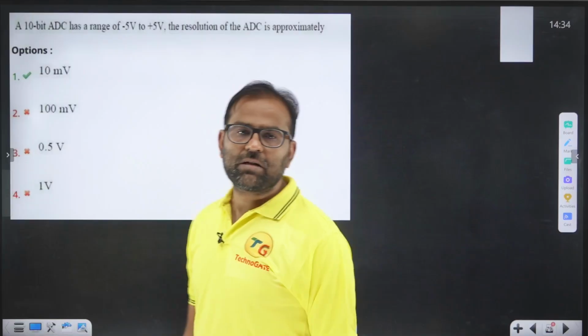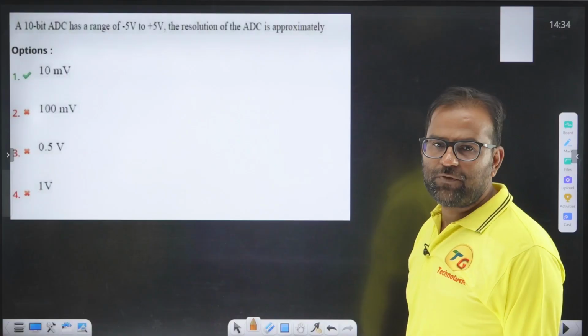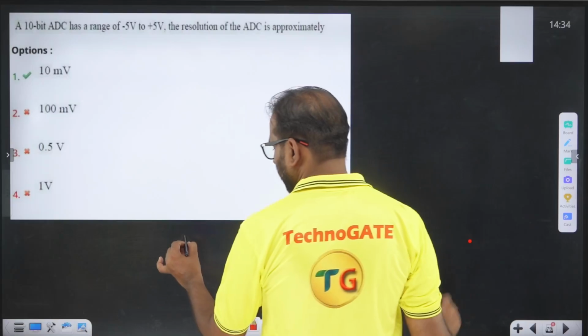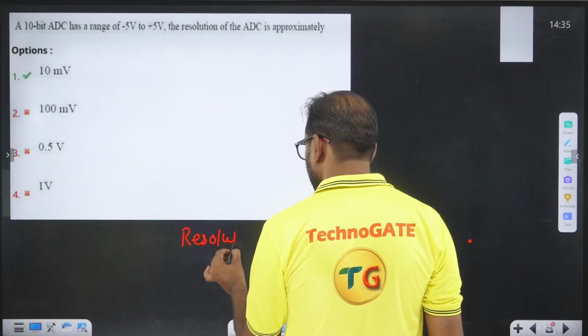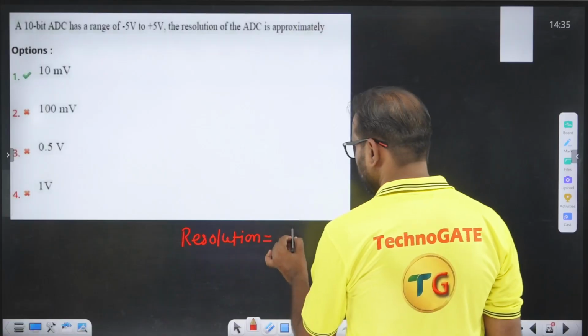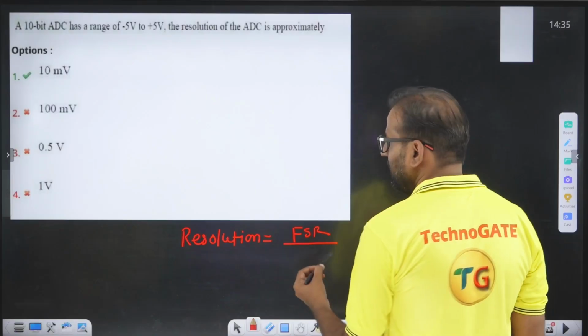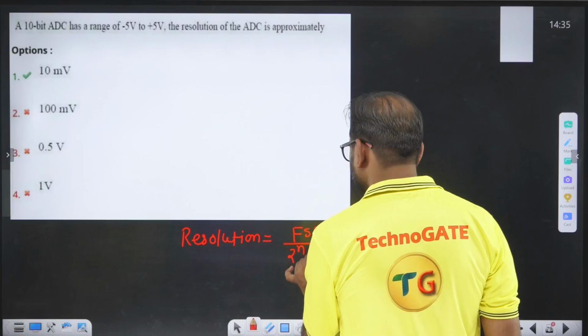A 10-bit ADC has a range of plus minus 5 volt. Then resolution? Okay, so can I say the resolution is given by full scale reading divided by number of steps, or number of steps can be represented by 2 raised to the power n minus 1.